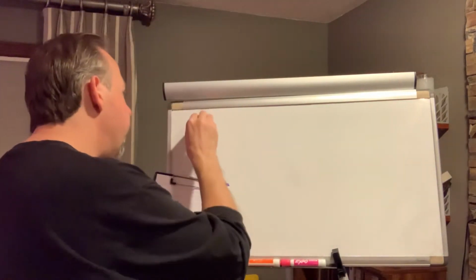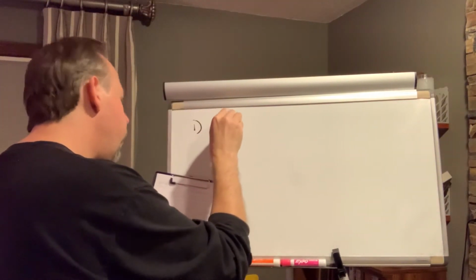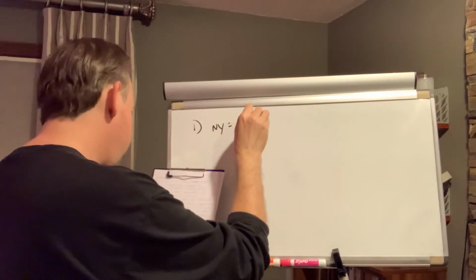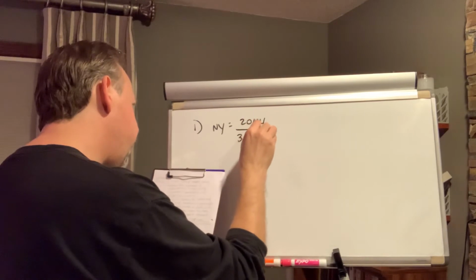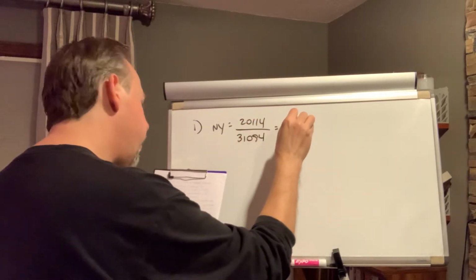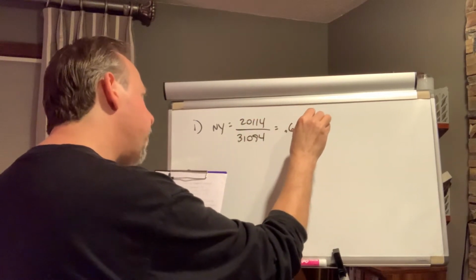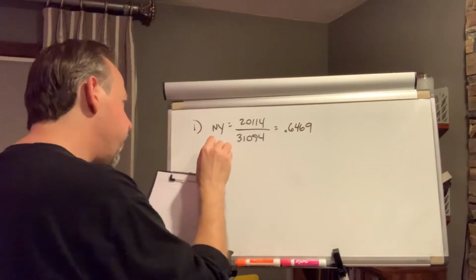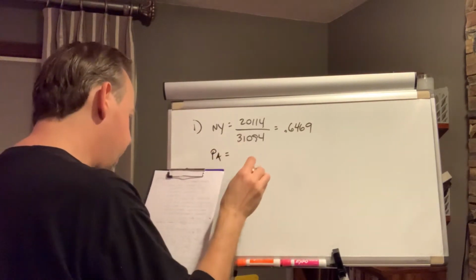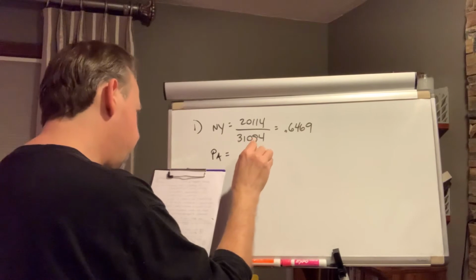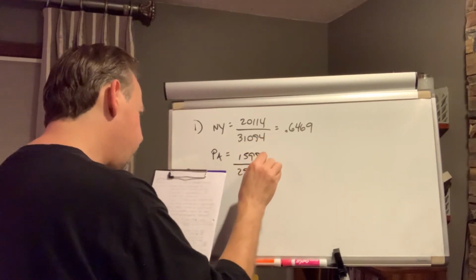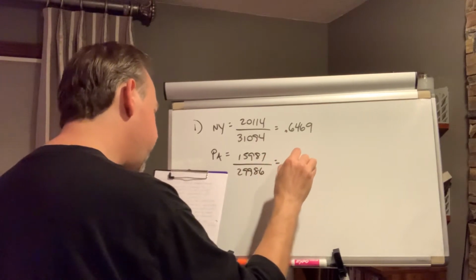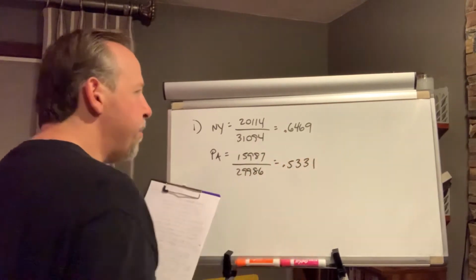So for number 1, New York's proportion was 20,114 divided by 31,094. And that's 0.6469. Pennsylvania's proportion of people that had a passport, 15,987 over 29,986, and that was 0.5331, so it can't be Pennsylvania.